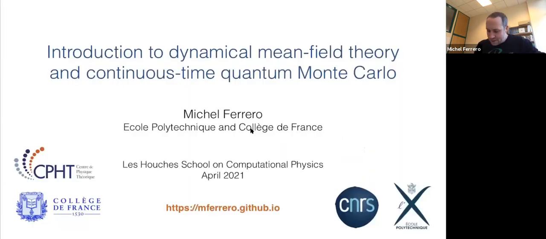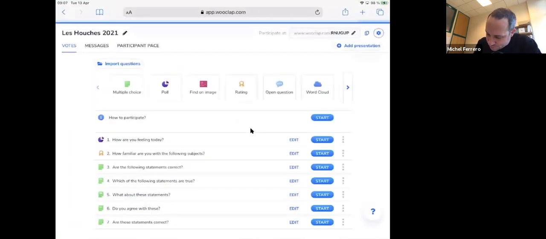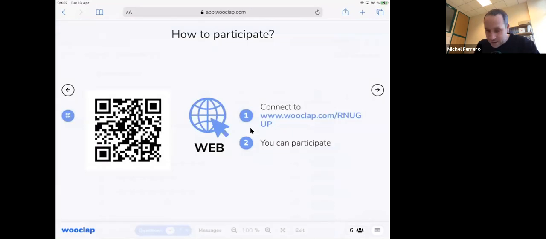So let's indeed try to start and see if that works. You should be seeing a QR code on the screen, and if you take your smartphones, you can try to scan that, and it will bring you to a web page with the quiz. So I'll give you a bit of time to try to do that and see if that works.